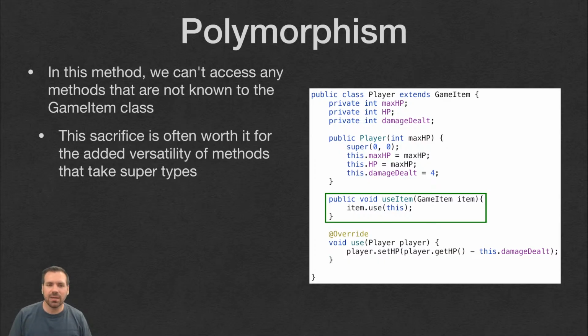That's usually what ends up happening in practice. If there's a method you really need to call, you just move it to the superclass. If you need to call it from a superclass variable, it's probably an indicator that it belongs in the superclass. So you move that method up, and now all of your game items have that method, and then you can call it where you want.